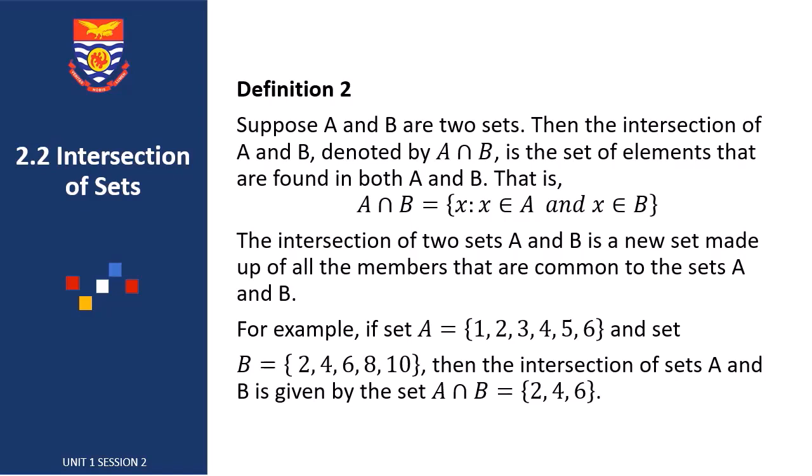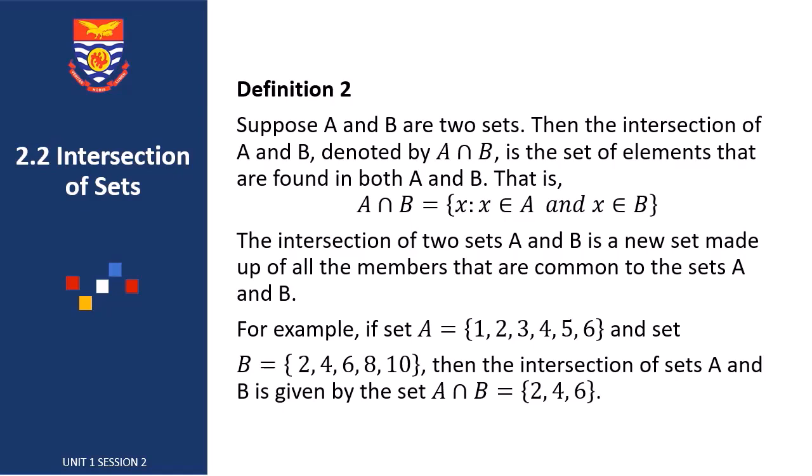So the intersection of the two sets A and B will now be a new set, and this new set is made up of elements that are common to both A and B. For example, if set A is equal to {1, 2, 3, 4, 5, 6} and set B is equal to {2, 4, 6, 8, 10}, then the intersection of sets A and B can be given as A intersection B, which is equal to {2, 4, 6}.